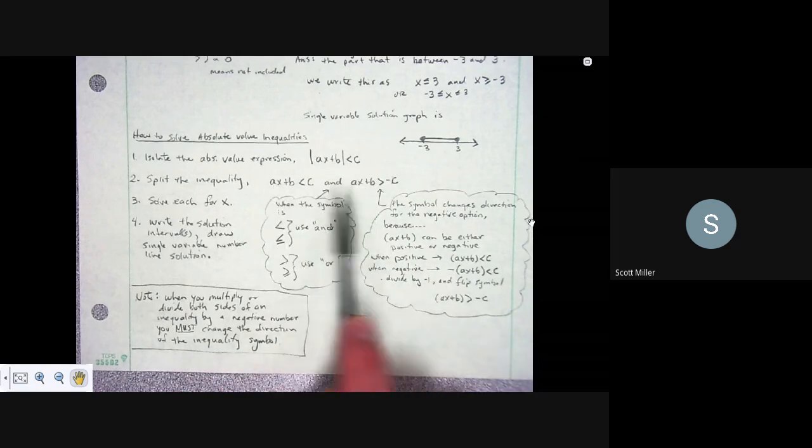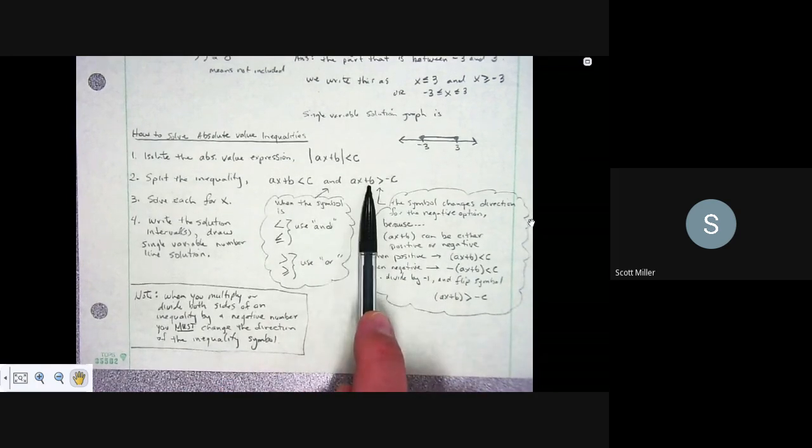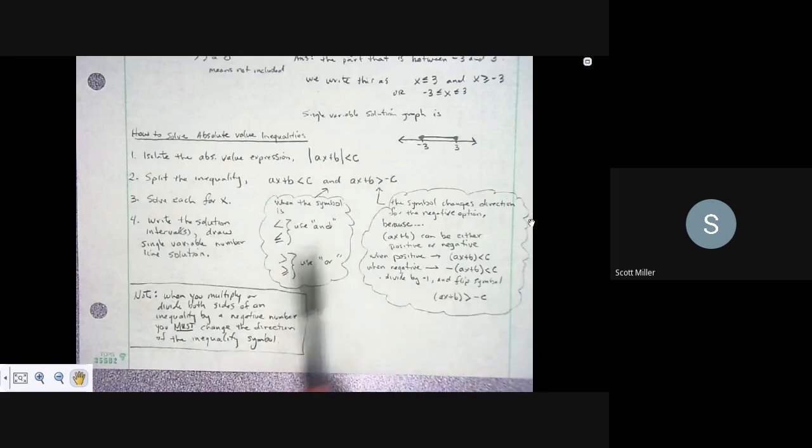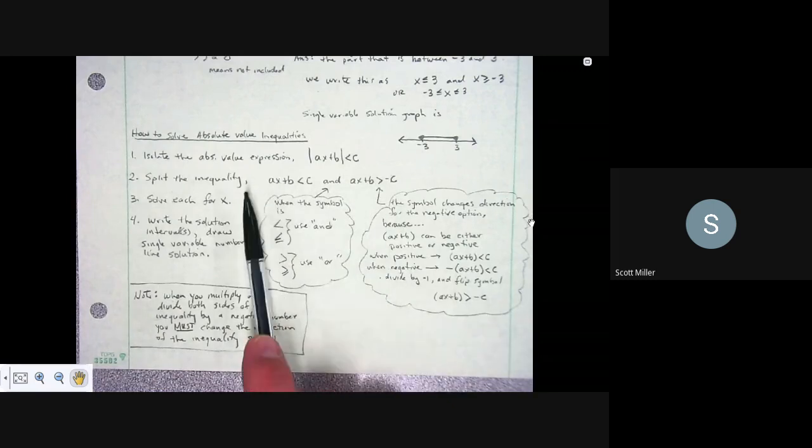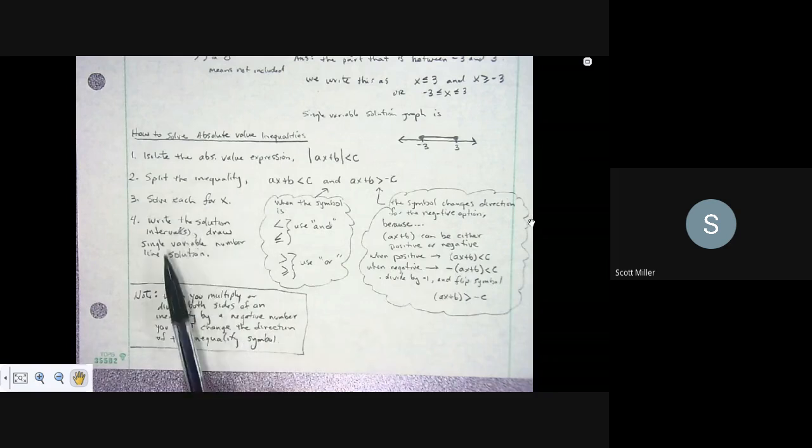So that's why you're doing what you're doing. So we're going to split it according to these little rules, solve each of these inequalities for x, and then we're going to write our solution intervals and draw the single variable number line. So that's what we're going to do. Let's do some examples and help you see how to do this. So here's the first example I want to look at.